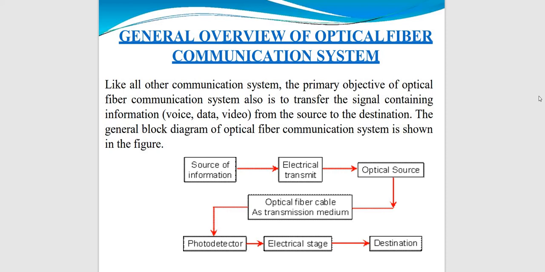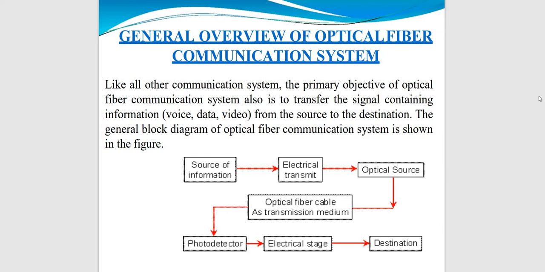Here we can see the source of information as the first component, and it enters into the electrical transmission. In this electrical transmission, the signal is transmitted in electrical form and it enters into the optical source. To convert this electrical signal to an optical signal, we need components like a laser or LED, which convert the electrical signal to a light signal.